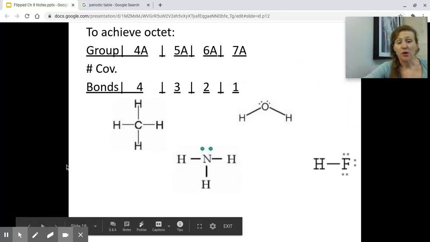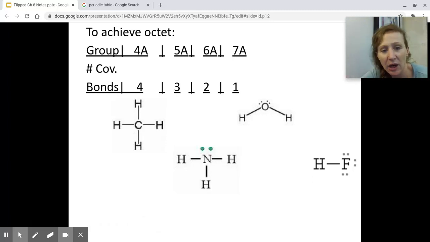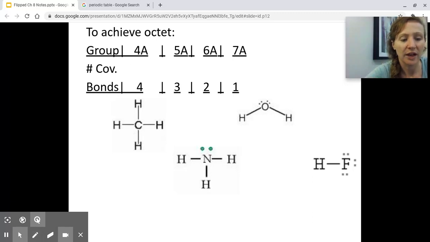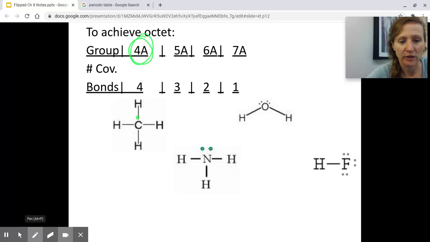All right, so when we talk about this covalent bond, the driving principle here is that you want to form that octet, right? So if you have something in the 4A column or the 4A family, that 4A family comes with 4 unpaired electrons, it's going to tend to form 4 bonds. And we see this with carbon.